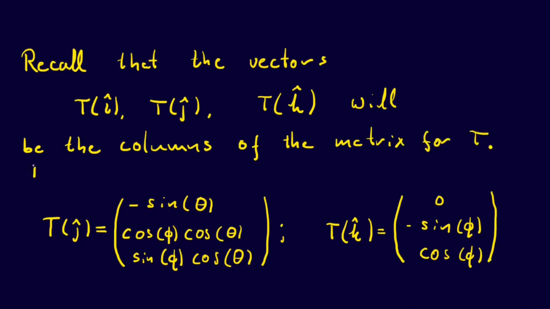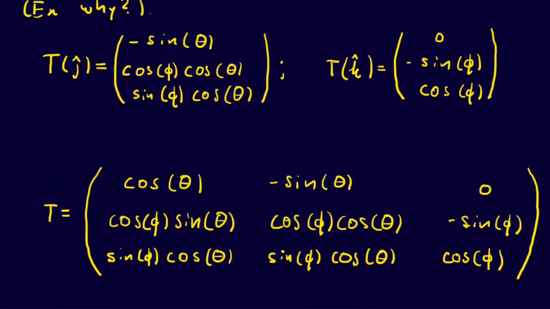So it's a good exercise to check why this was true again. And let's look at the result. So putting everything together, this will be the matrix corresponding to our composite of two rotations.